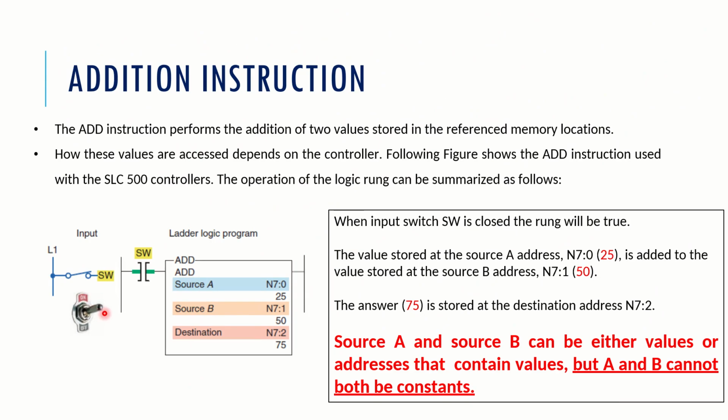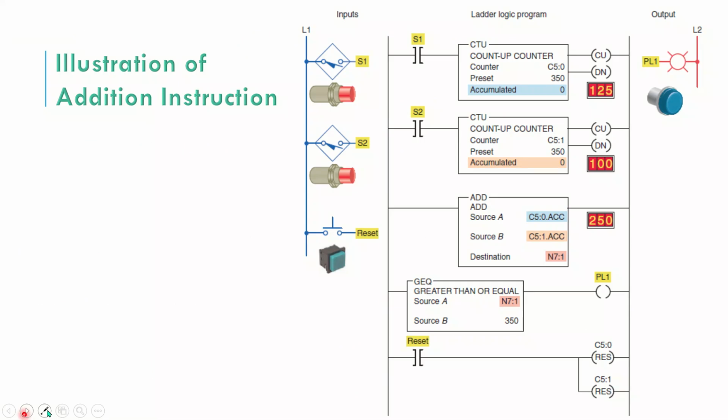When the switch is activated, that means this normally open contact becomes closed, then the addition will be performed. But here there is no switch, that means the addition is always ready to be performed. Whenever the data is changed, the destination will reflect that. The same is there for the comparison instruction also. There is no enable bit, that means this comparison instruction is always ready to compare the data that it receives at source A.